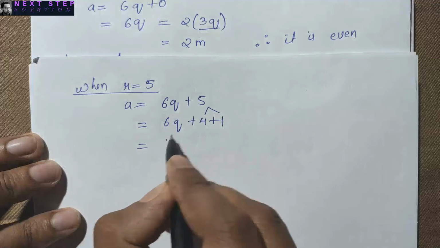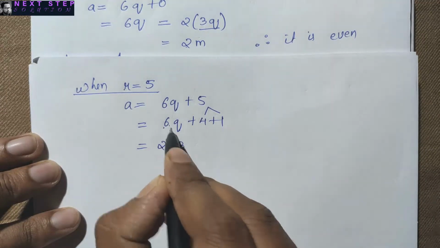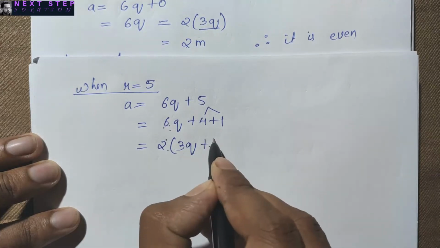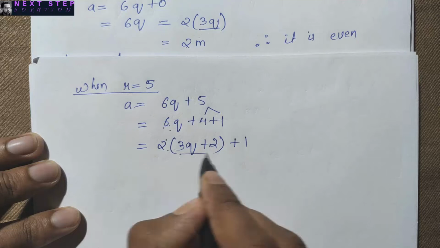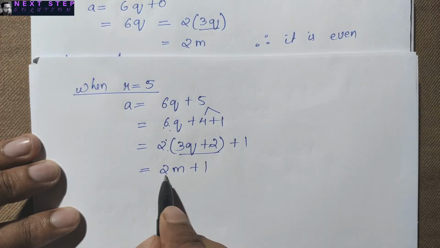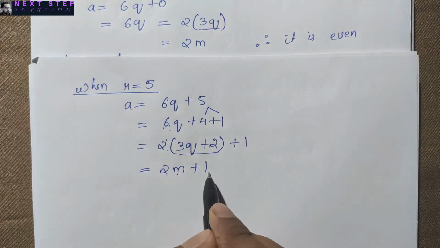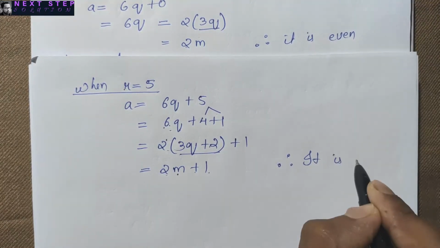Now 6 and 4 we can take common 2. If we take 2 common, 2 3s are 6, q will be there, 2 2s are 4, and this plus 1 we cannot take anything common, leave it outside. This whole thing, if I consider as m, we can write it as 2m plus 1. 2m, product of 2 an even number, plus 1 makes it an odd number, therefore it is odd.